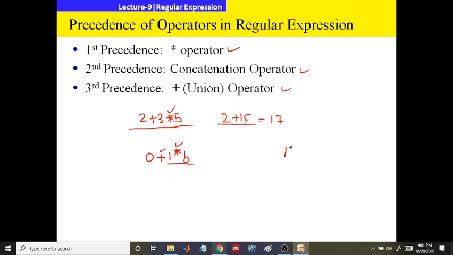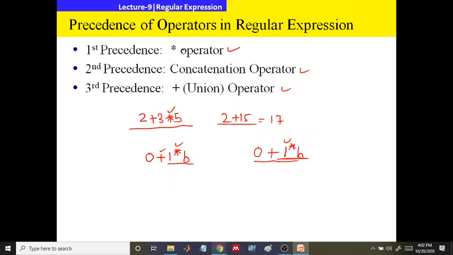So first we will perform 1 star. 1 star means epsilon, 1, 1 1, 3 ones, 4 ones, like that it will go. So it will represent a set of strings. Then it will perform the concatenation with B, right? Then whatever you get over here, it will make a union with 0. Okay, so this is how the operators of regular expression are evaluated by precedence.